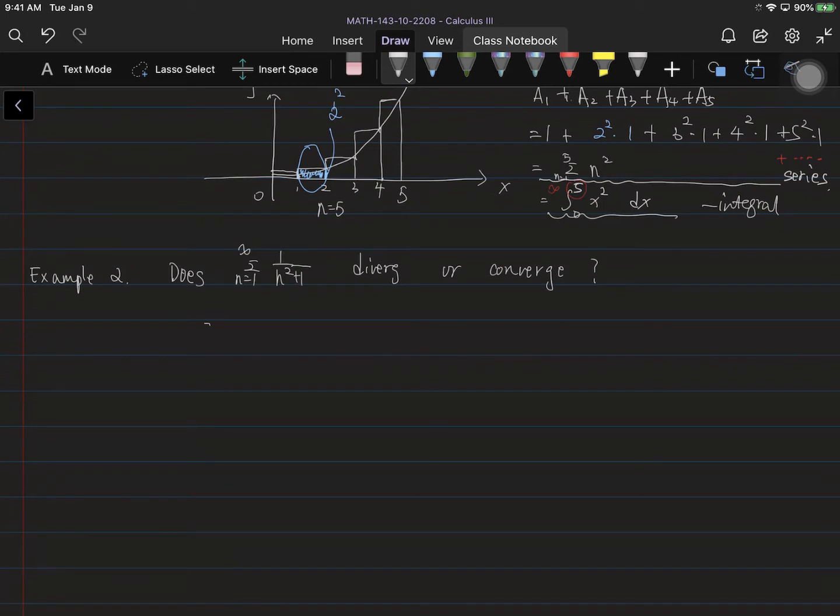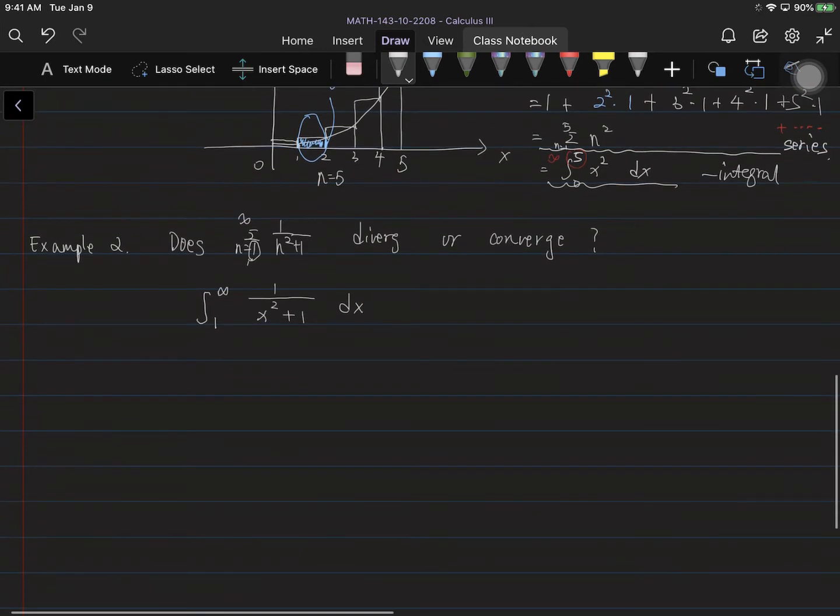It's going to be an improper integral, starting from capital N. For our capital N here, this is 1, so it's from 1 to infinity. And then we change a_n into our function f(x), changing n into x, so we have the integral of 1 over x squared plus 1 dx. Okay, so this is our improper integral.